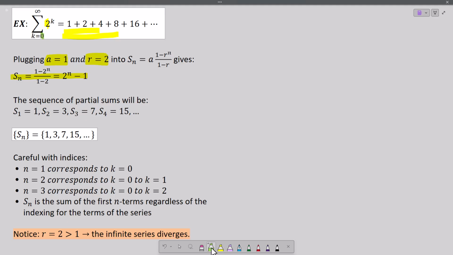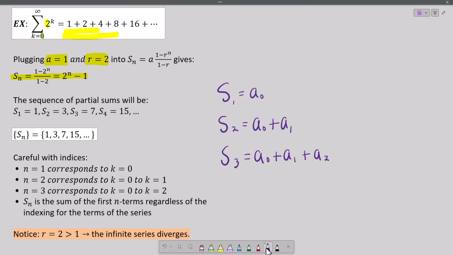So in this case, S sub 1 is A sub 0. That's the first term. S sub 2 is A sub 0 plus A sub 1. So just be aware of how these indices work. Even though this series starts with 0, we still consider that the first term, and so S sub 1 is going to be A sub 0. So you just have to be careful with your counting.